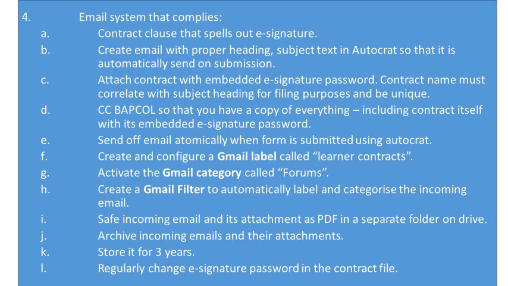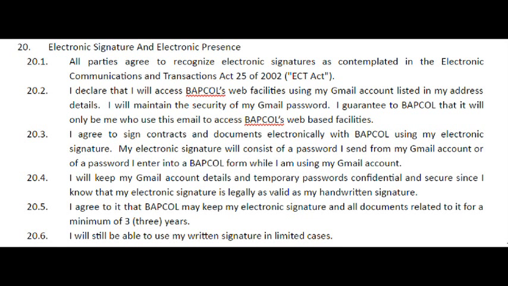Any contract must comply with all the legal requirements of a contract, namely, it must be entered into with a person who is legally able to sign it and to undertake this contract, domicilium citandi et executandi, etc. The first step is that there must be in the contract a clause which stipulates the nature of the electronic signature, as well as that the parties agree to the format that will be used.